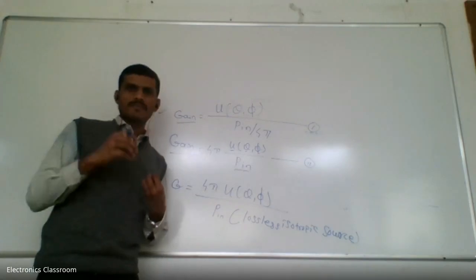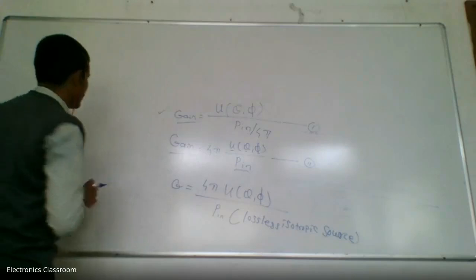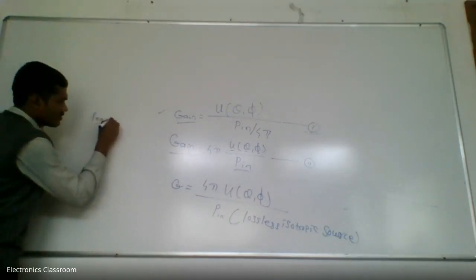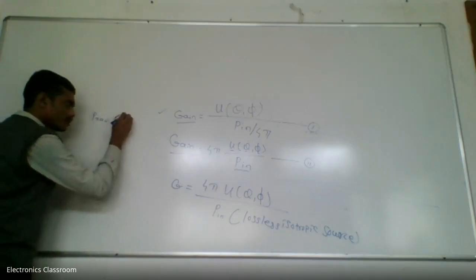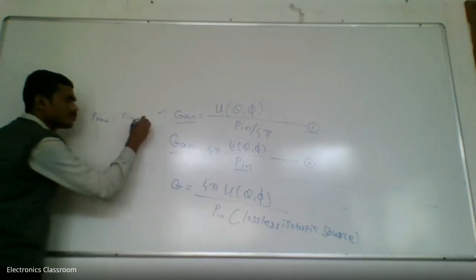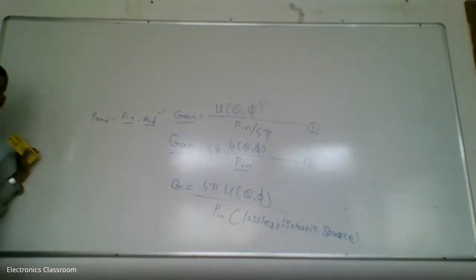म्हणजेच त्याचं काय झालं तिथं कम्पेअर केलं and after that we can define the equation for the P radiated, that is P radiated is equal to P in into ECD.